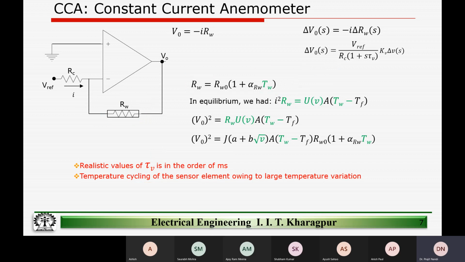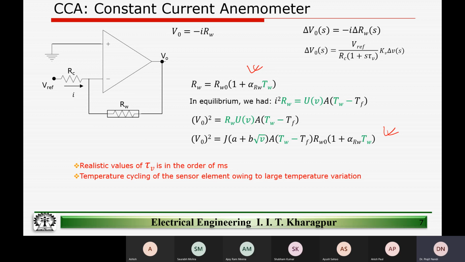So we not only need to think of first order problems of time constant, but also keep in mind that all these equations that we have derived are with certain assumptions. The assumption in this case was that the resistor has a straight line behavior as a function of temperature, which may not be the case.